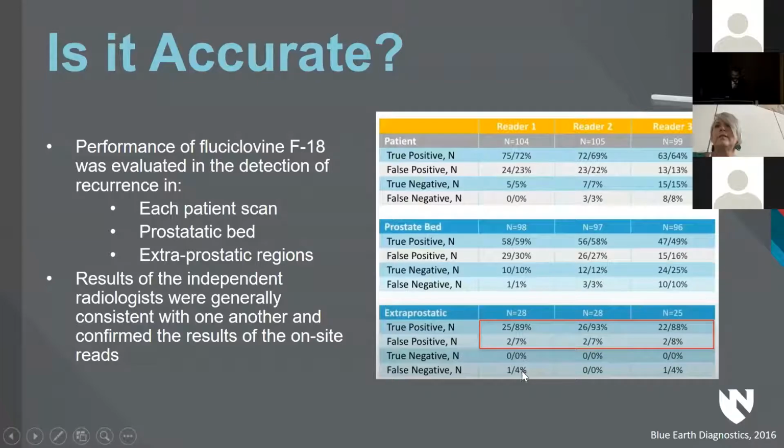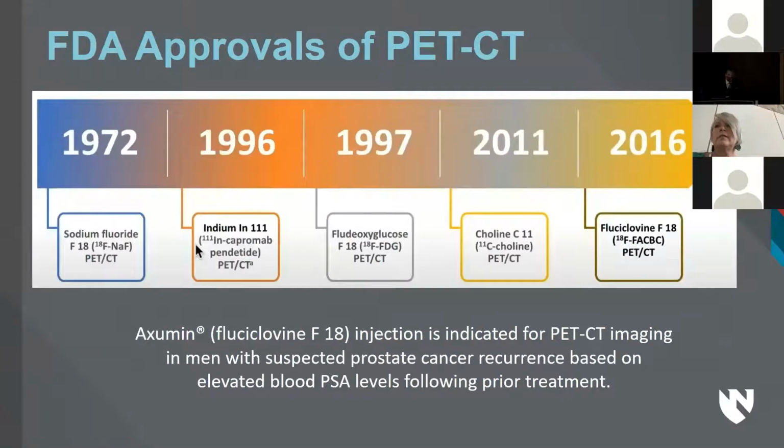And that's where we're going to be focusing for this talk: knowing where these involved lymph nodes are and how that changes our management. So this reassured us that these PET scans are helpful in identifying where the prostate cancer is after radical prostatectomy. After that study was published, the FDA approved flucyclovine F18 PET CTs for prostate cancer in about 2016. The indication was patients that had undergone definitive management and then had a biochemical recurrence.